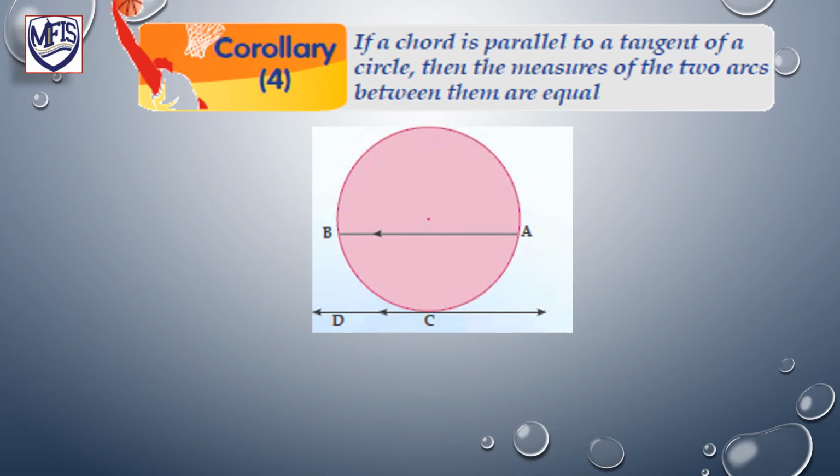Okay, look at the figure. Here I have chord AB parallel to the straight line tangent DC. Therefore, the measure of arc AC equals the measure of arc BC. The two arcs in between the two parallels are equal. That means measure arc equals measure arc, length of arc AC equals length of arc BC, and also chord AC equals chord BC.